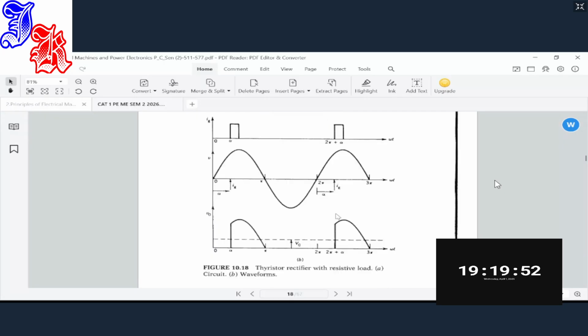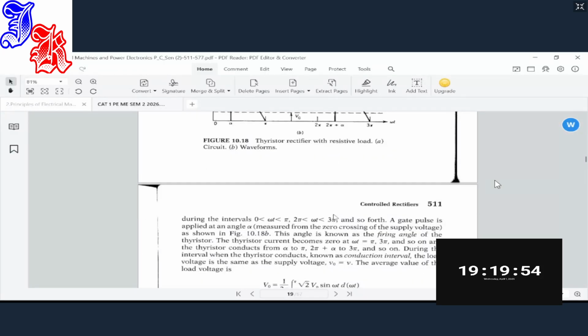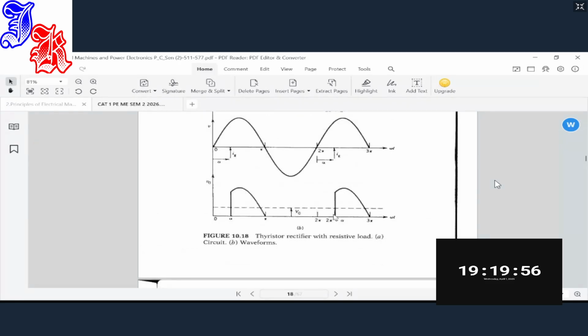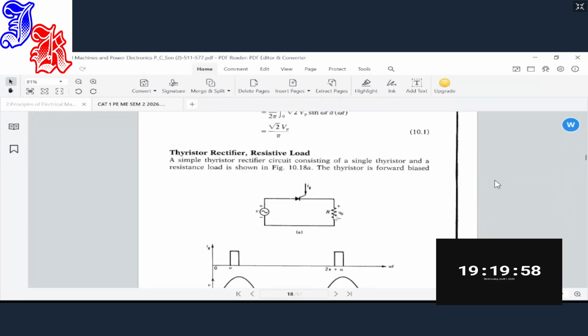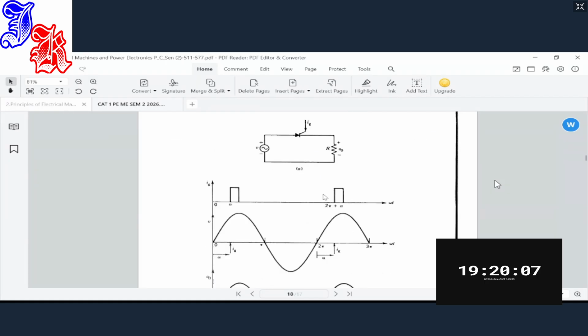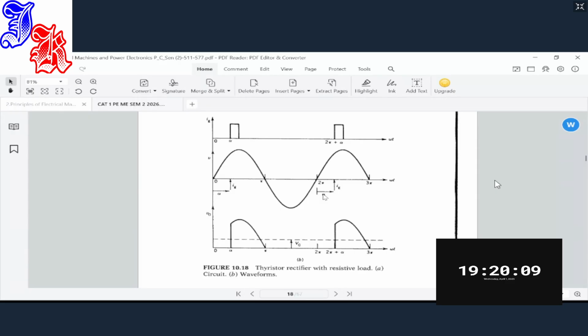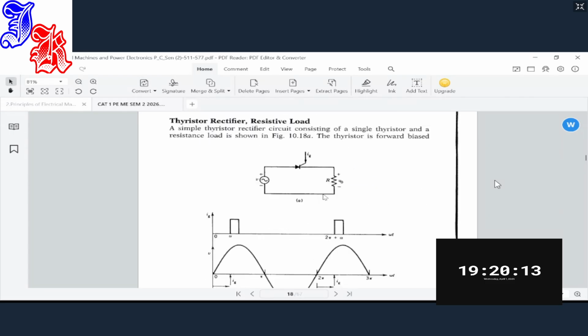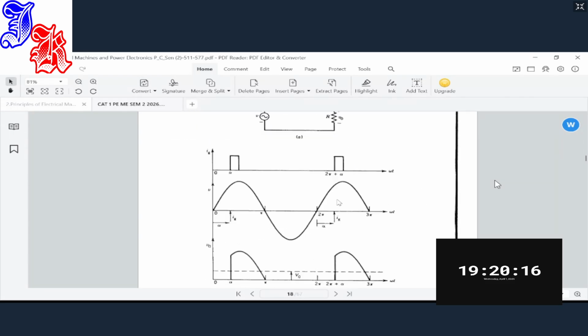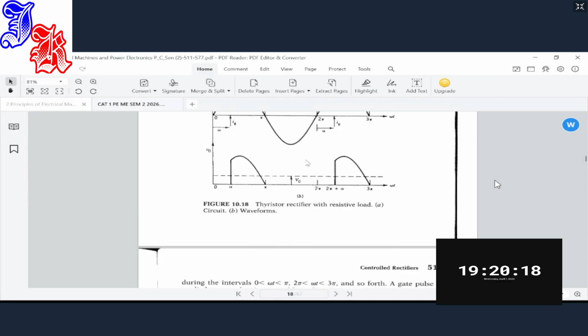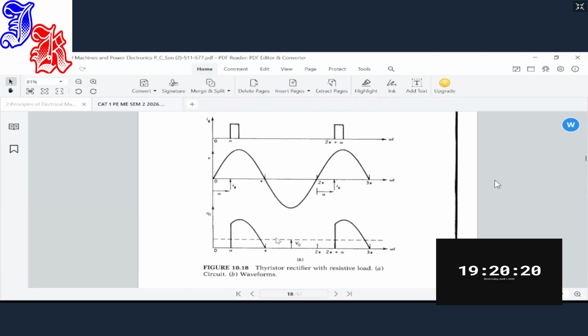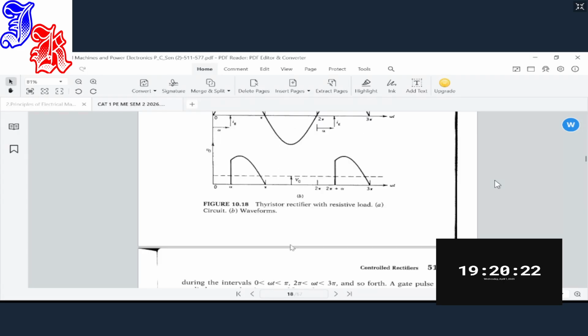Now a question can come, as I said, where you're told to draw a circuit of a half-wave rectifier using a diode, show the waveforms, and derive the equation of the output voltage. You are expected to draw this kind of circuit and these waveforms of the input and the output voltage, and also current.